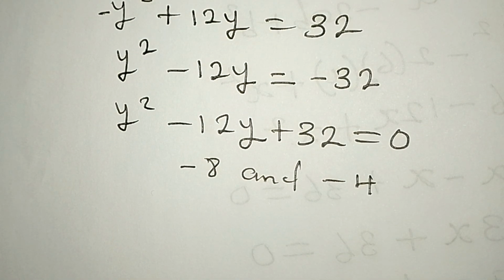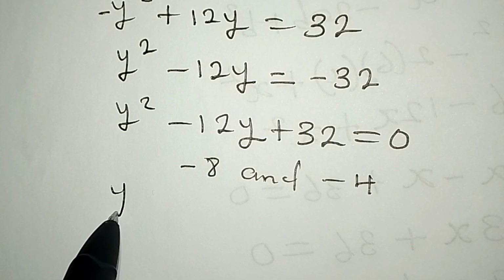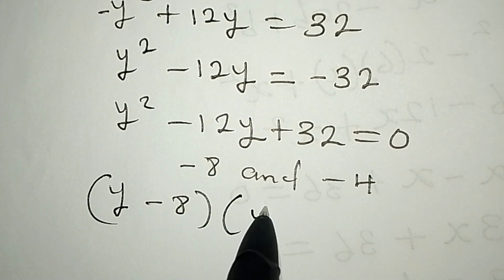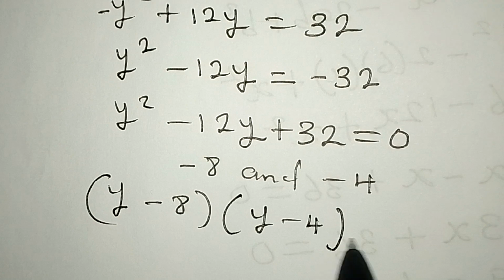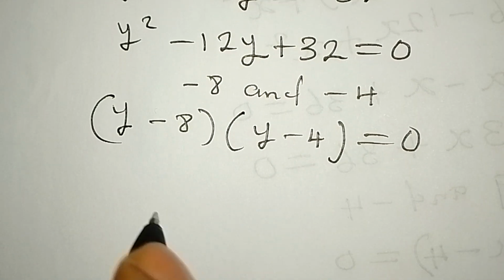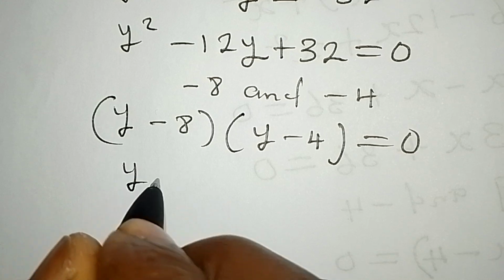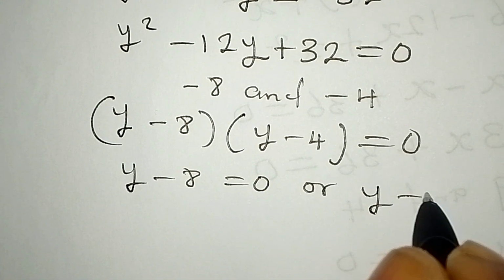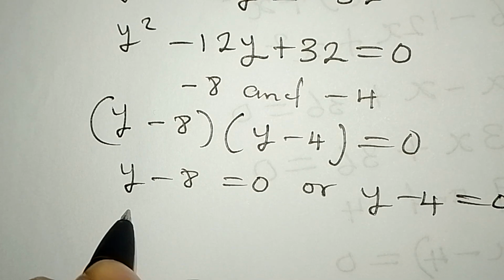So we are good. This means that the factors are y minus 8 and y minus 4, and both of them are equal to 0. So y minus 8 equals 0, or y minus 4 equals 0.